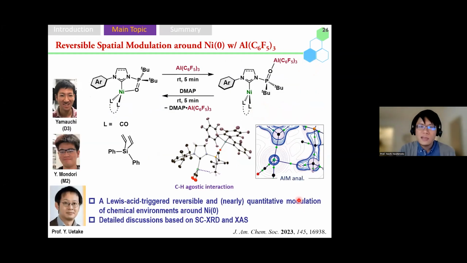For instance, we recently demonstrated a strategy for reversibly modulating the coordination environment around the metal center through the Lewis acid-mediated interconversion between a syn bidentate toxin dicarbonyl nickel complex and an anti nickel-aluminum heterobimetallic complex. This result presents a complementary approach to the well-accepted Lewis base-mediated substitution strategy, but it's totally different: Lewis acid-mediated repelling out of one coordination site.